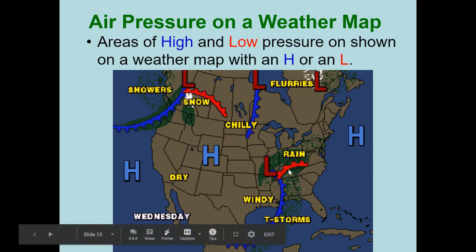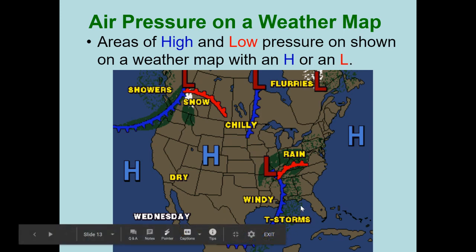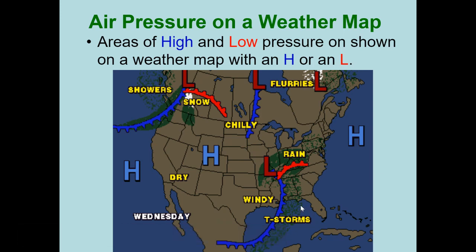Over here, you have rain, thunderstorms, again, all in a low pressure area. So over here, again, the snow, this is in Canada once again. So again, it's cold, but it's probably less cold than before. I know that gets a little bit confusing, but just think of air pressure: low means less cold.